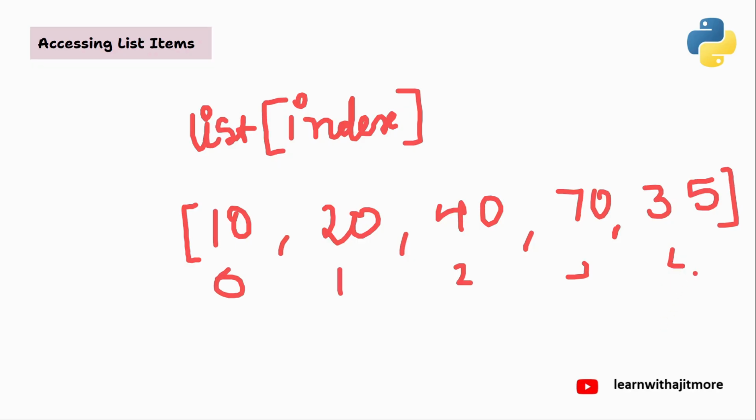So this is 0th index, 1 index, 2 index. But if you want to access from the right side, there is negative indexing facility also provided. Last item is -1, -2, -3, like that. So this way you can access it.